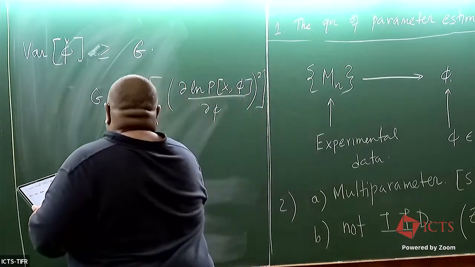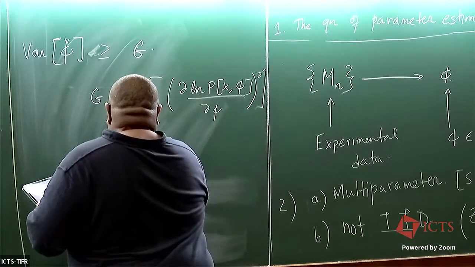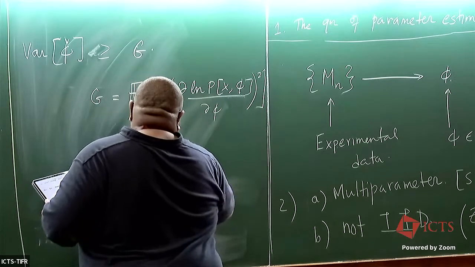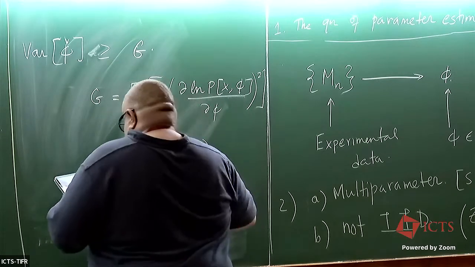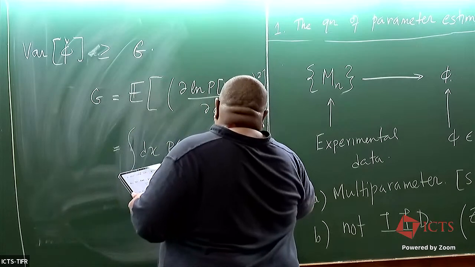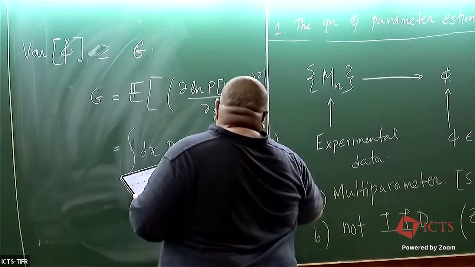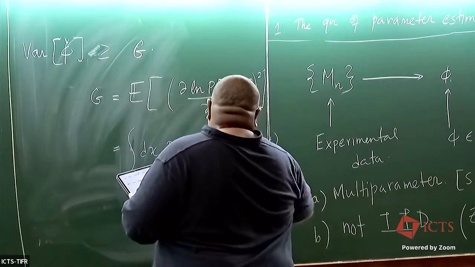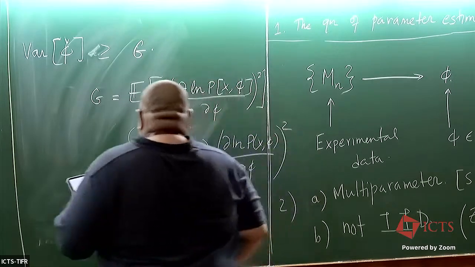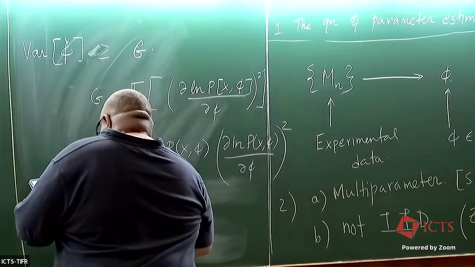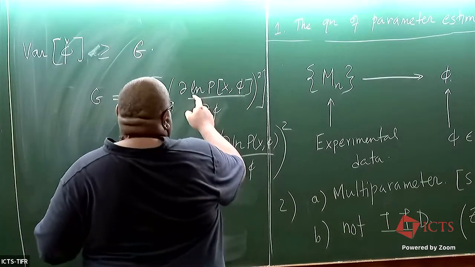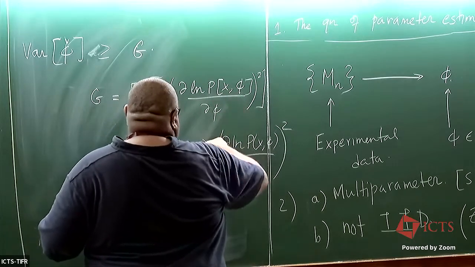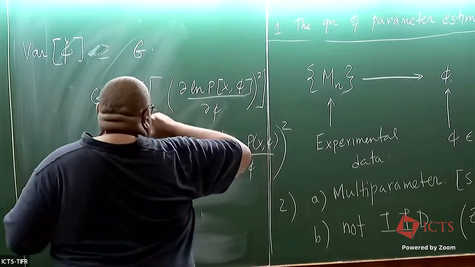I write two more formulas, which you will allow me. That's just that formula written out for integrals. But the derivative of log is 1 over p times p prime, right?